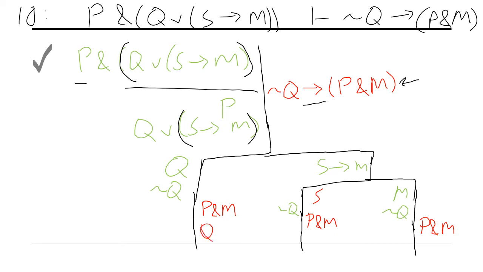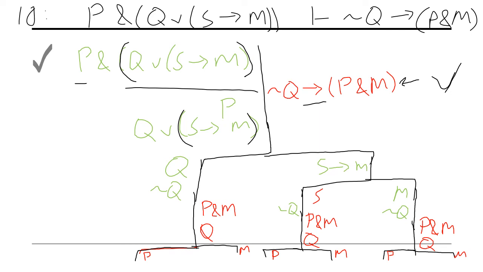So a Q, Q, Q, and then we've got our ampersand here on the right hand side. Sorry about that. So now P, M, P, M. It's all coming from that ampersand right here. So now everything's broken down with that one.